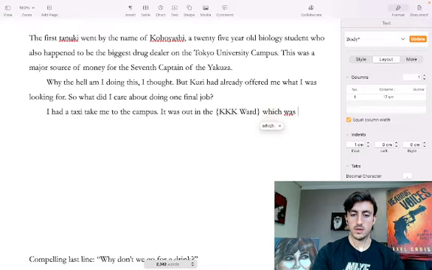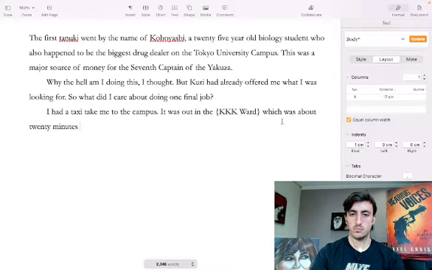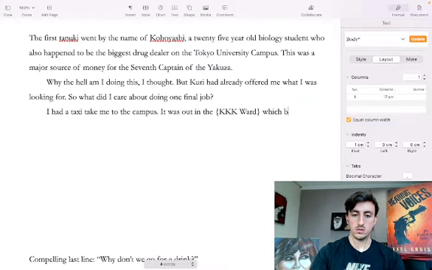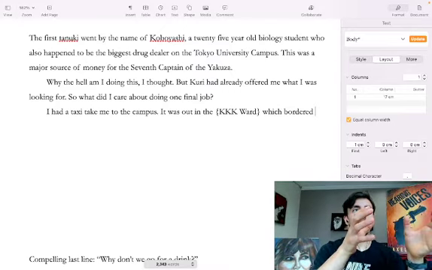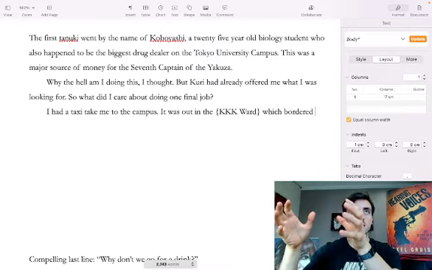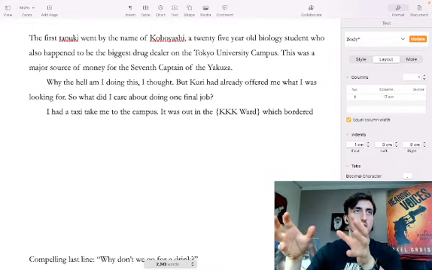which was about 20 minutes, which bordered, so perhaps Shinjuku and this ward next to it, whatever the ward next to Shinjuku is.